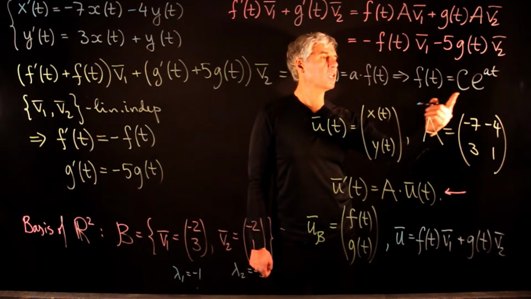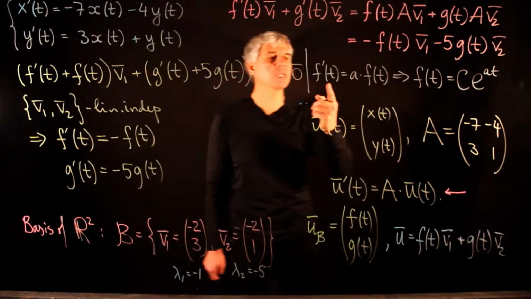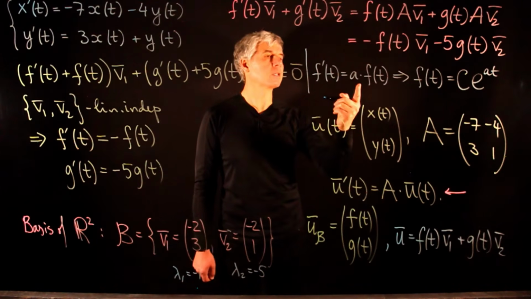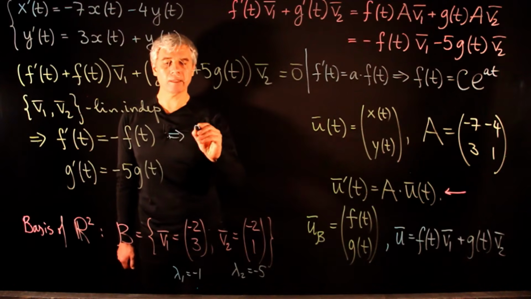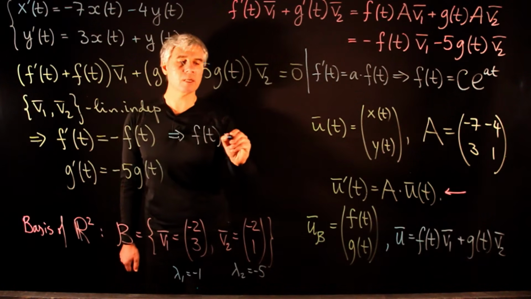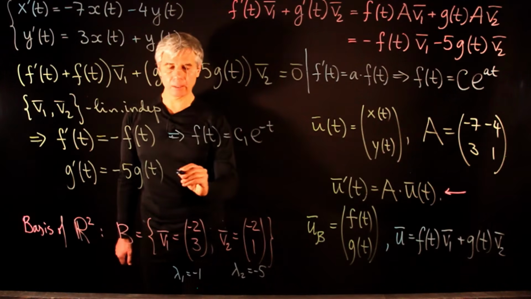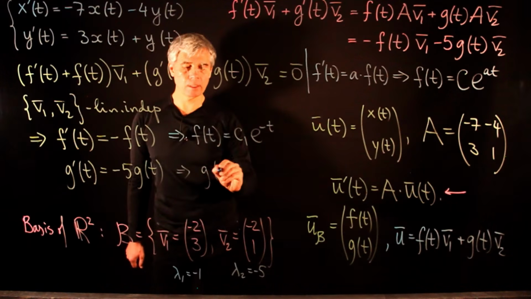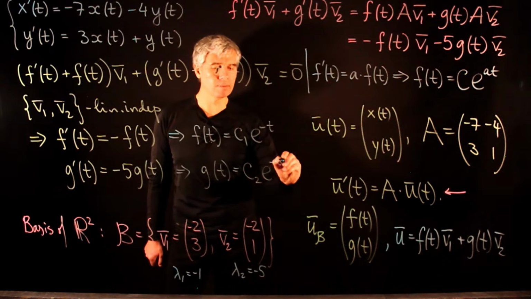Indeed, when we differentiate this function, the constant a will be pulled out in front, and we will get the derivative of f is equal to a times f. So from here, we get that f of t is equal to c1 e to the minus t, and g of t is equal to c2 times e to the minus 5t.